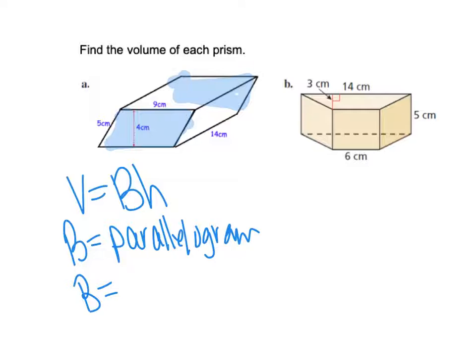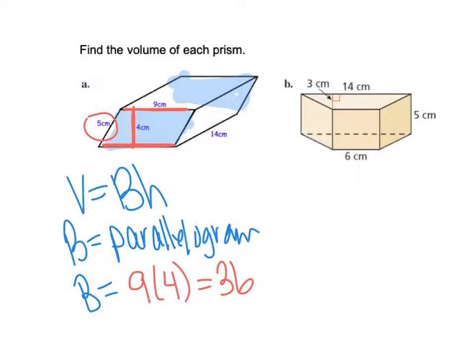So we have to be careful what numbers we want to use. If you look, these are the parallel sides here of our parallelogram. So our base of our parallelogram is 9, and the height, or the distance between, is 4. They put this 5 here just to confuse you a little bit. You don't actually need to use it for anything.